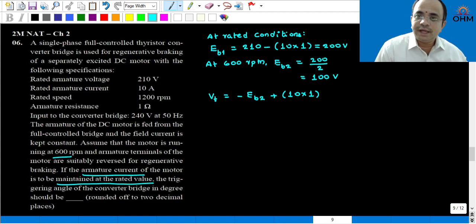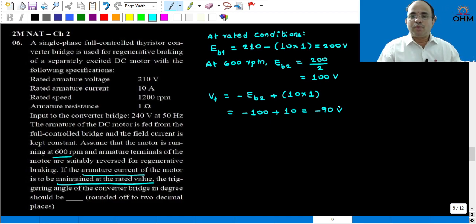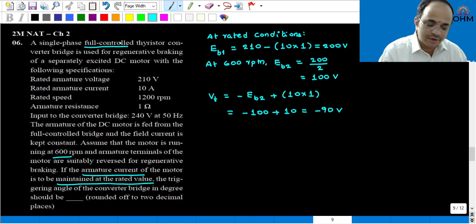So when you maintain armature current at the rated value, there is no change in the armature current. So this value will be minus 100 plus 10, so this is equal to minus 90 volt. Now as this motor is controlled by a single phase fully controlled converter, this VT has to be supplied by the phase controlled rectifier circuit.